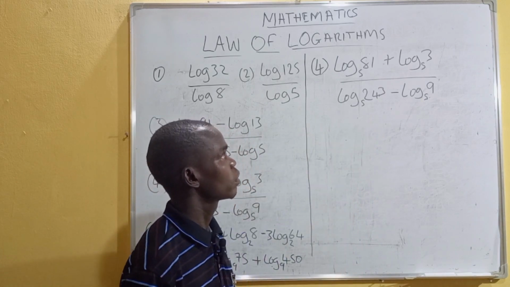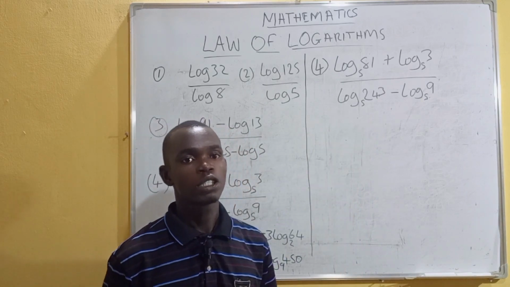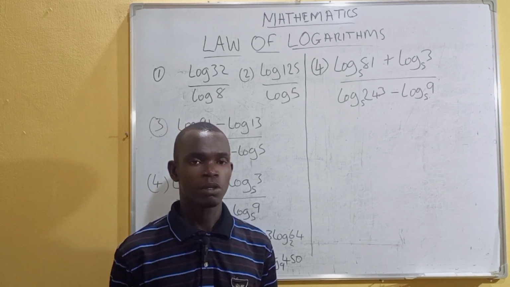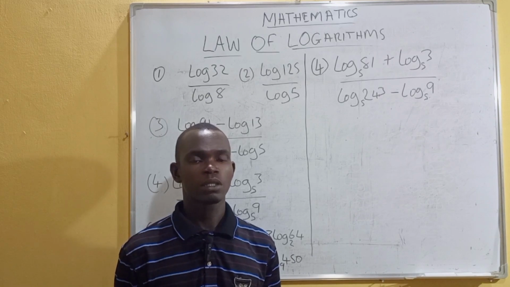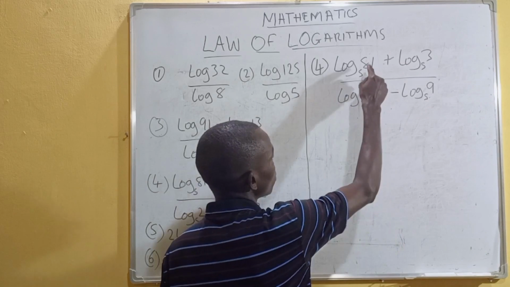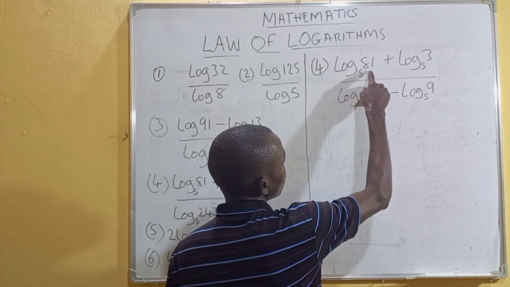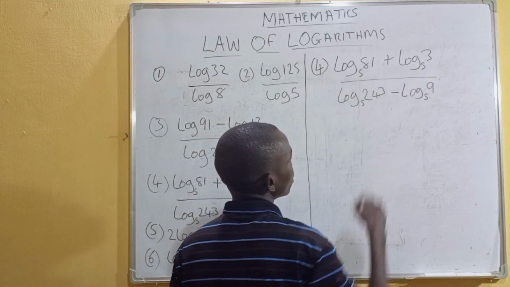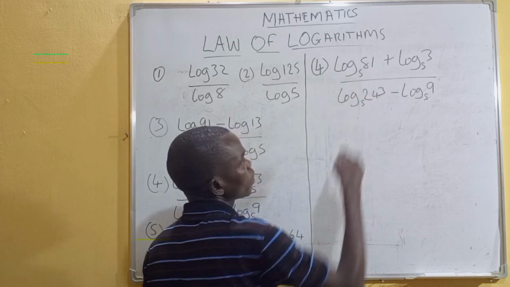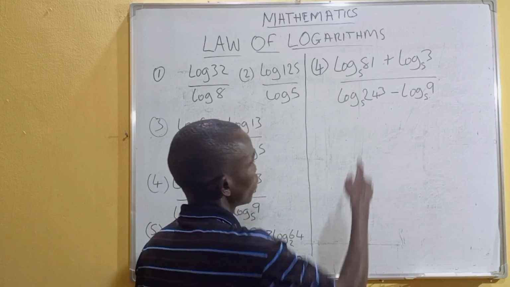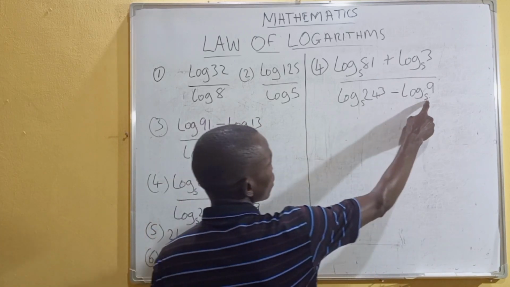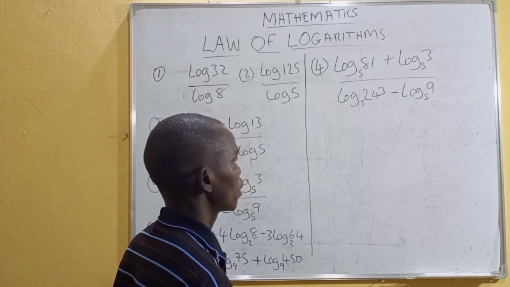But if we are to use the basic mathematical concept of addition and subtraction, we have to simplify this so that it can be equal to log number 3. So this will be 3 raised to the power 4, while this will be 3 raised to the power 5, and this will be 3 raised to the power 2.